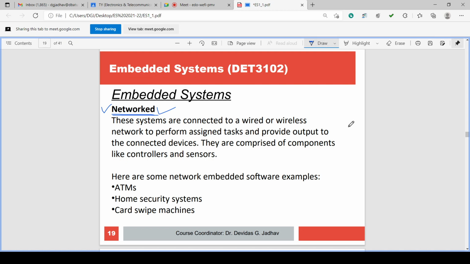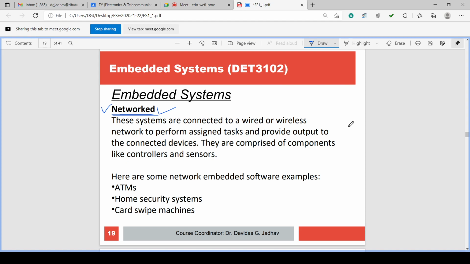So networks are of types. Wired network is there, wireless network is there, isn't it? Mobile hotspot is a wireless network, or computer hotspot. A laptop you can create as a hotspot, mobile you can create as a hotspot. Your Wi-Fi router is a hotspot, wireless.